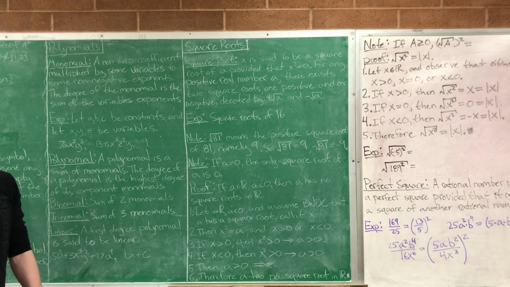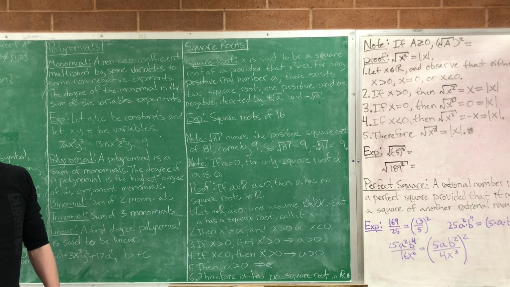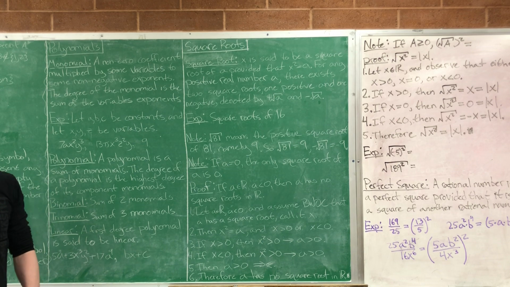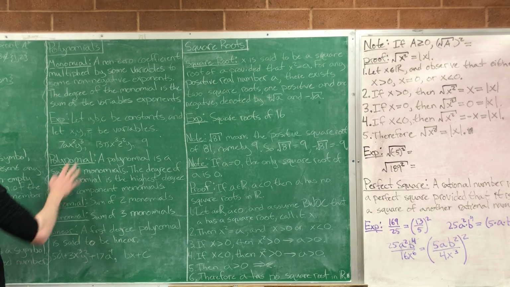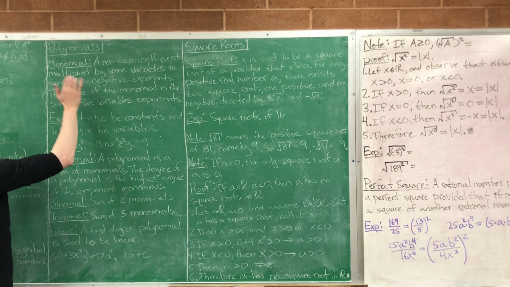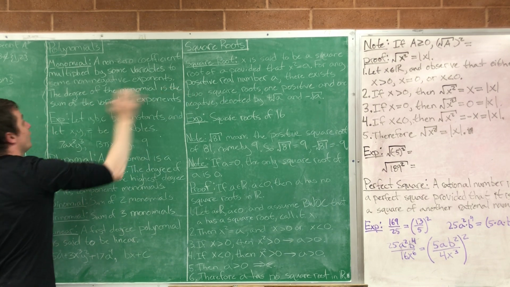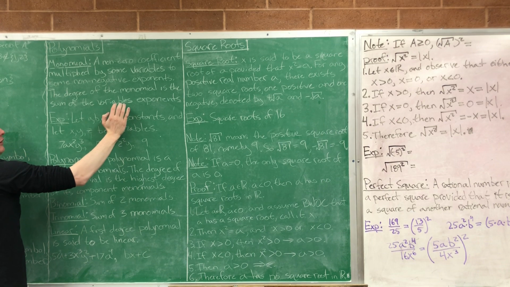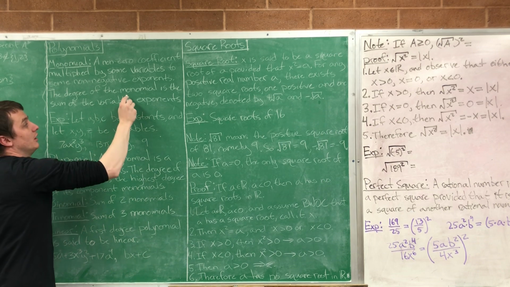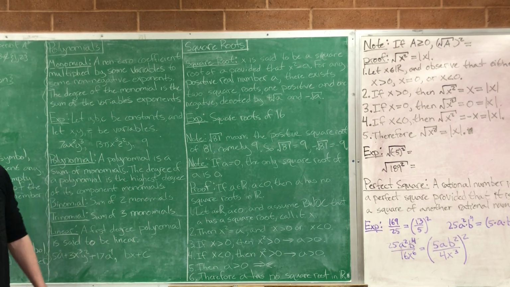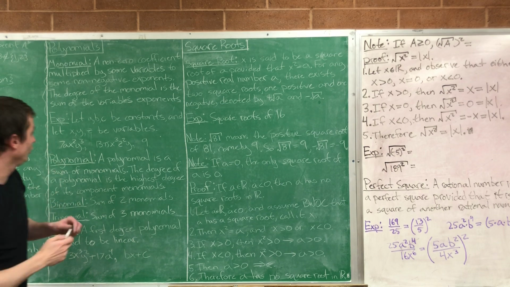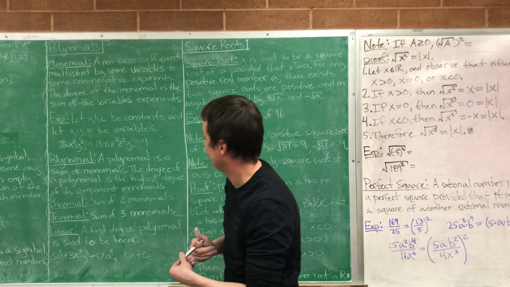Isn't a variable what makes it a coefficient? Or is it a coefficient and a variable? 2 could be a coefficient. Alright, so that's what a monomial is. And the degree of a monomial is the sum of the variables' exponents. So now let's look at some examples and then go back to that.